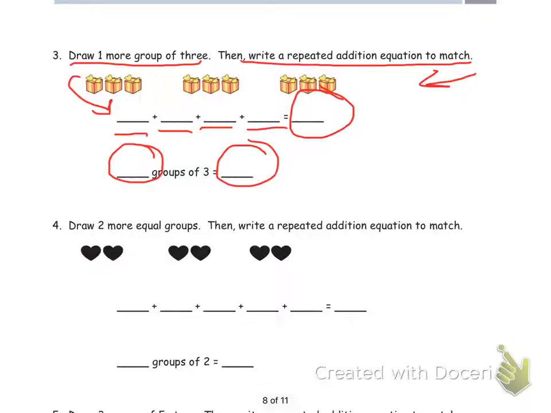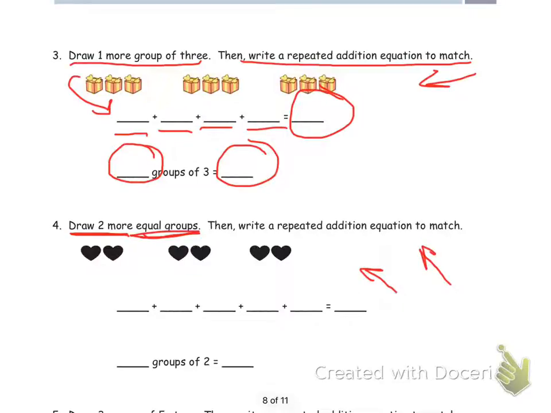All right, so the problems get a little bit more complex as we go along, not anything too crazy. So instead of drawing one more group, you need to draw 2 more, and it just says equal groups, okay? So if you were drawing an equal group down here, I would recommend drawing one group here and the other group here.